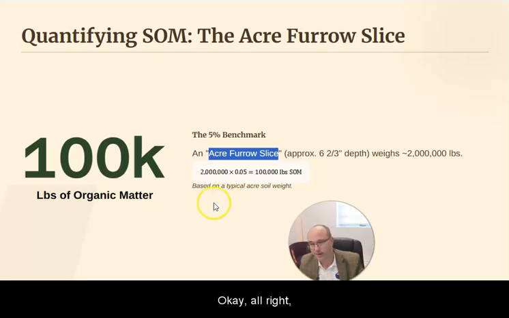So how much of that is soil organic matter? Well, 2 million times 0.05, or 5%, is about 100,000 pounds of soil organic matter out of 2 million.